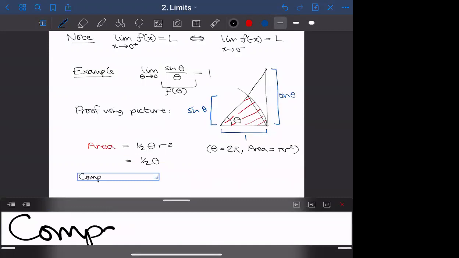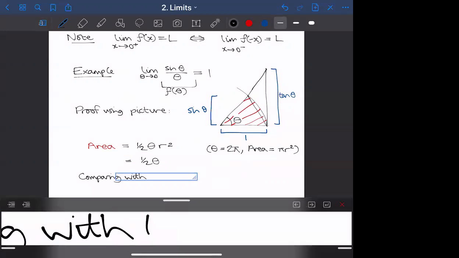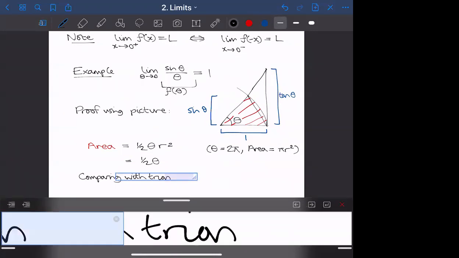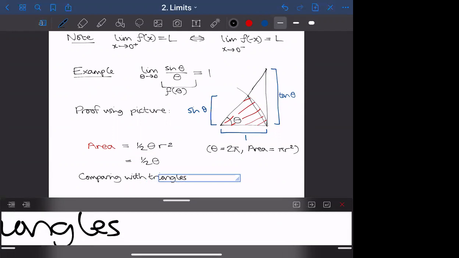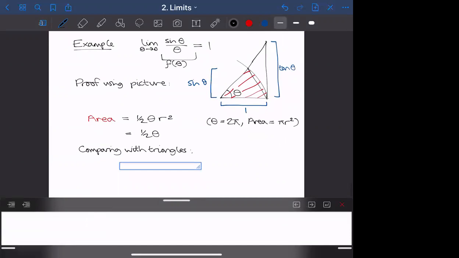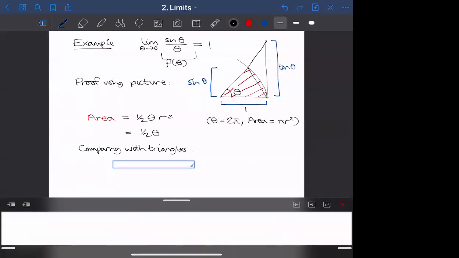And then comparing with the areas of the triangles, well, inside the slice of the pie, there's a triangle with height sine theta and base 1, so its area is half sine theta.